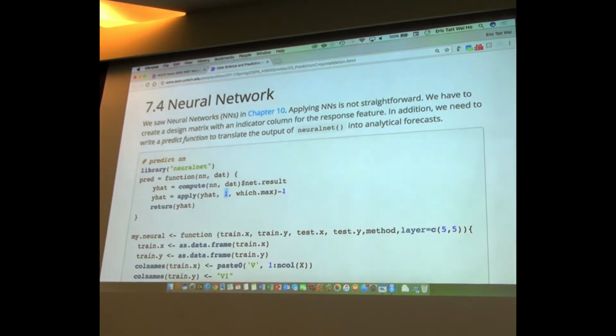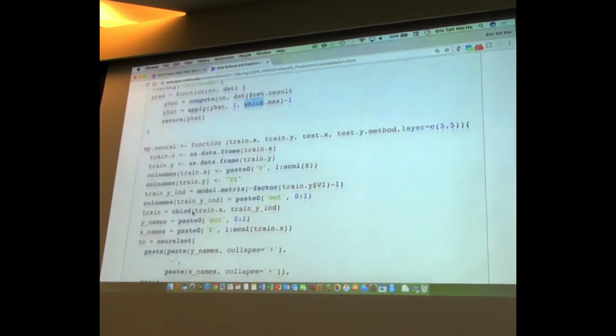Oh yeah, so it dichotomizes. This simply dichotomizes the outcome and then returns the dichotomized outcome.